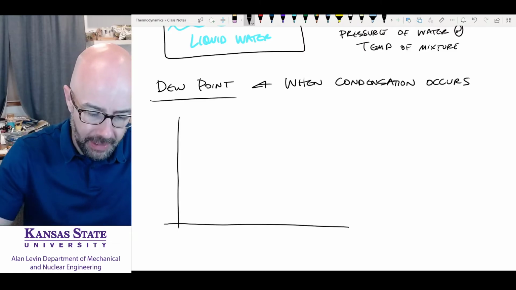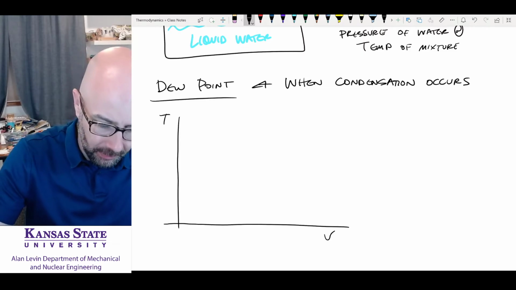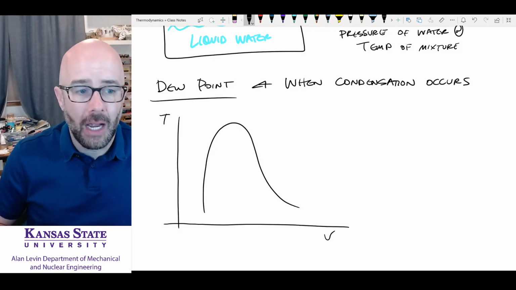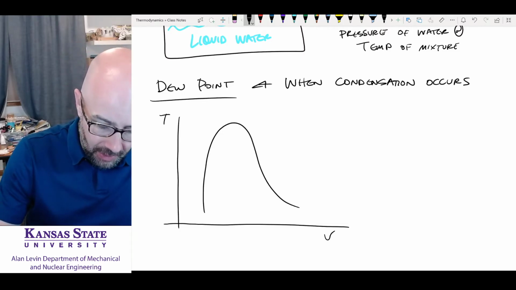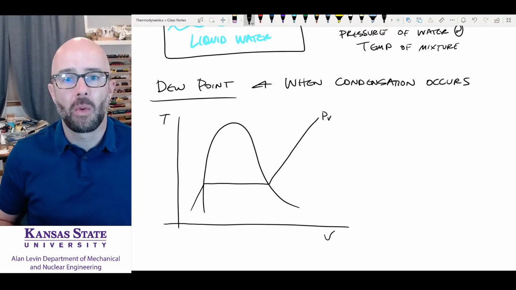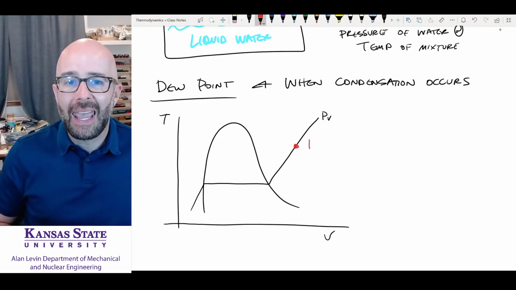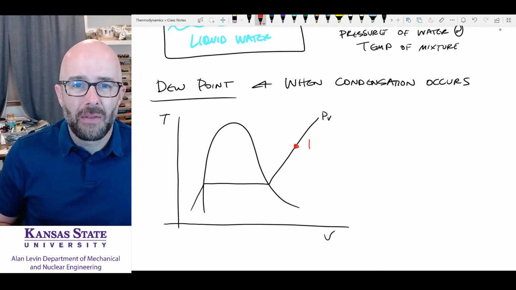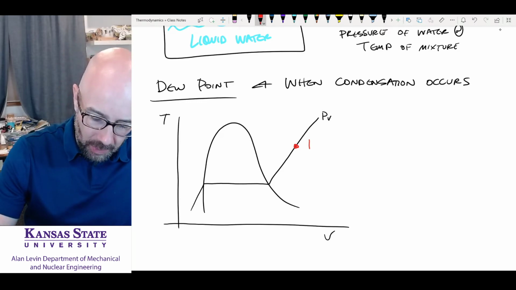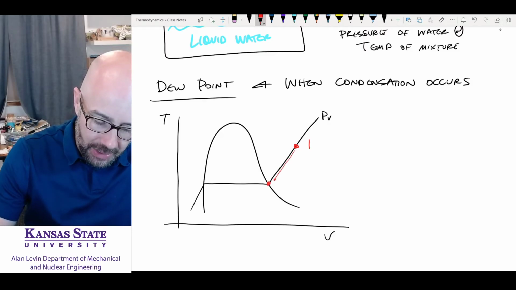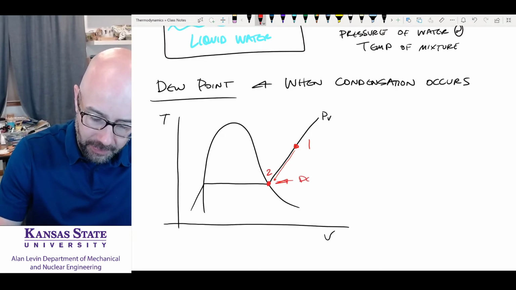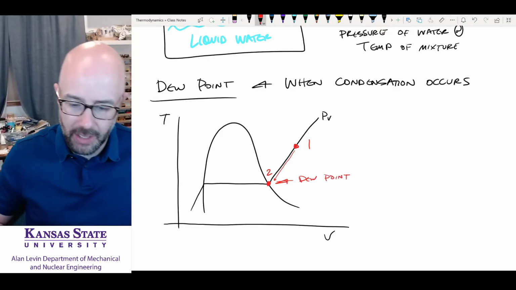This is going to be our TV diagram, and here is going to be a line representing the partial pressure of our water vapor. Now let's say we're out here at point 1. What we have for dew point is if we were to go down and lower temperature at a constant partial pressure until we reach this point here, which is going to be point 2. This is our dew point. This is when condensation occurs.